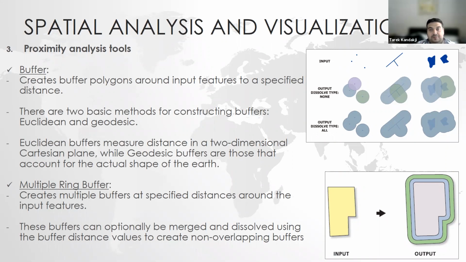But people living 200 miles away from the hospital will have more time to come, and they will be at more risk, and so on. You keep building rings of buffers to assign categories in terms of a certain location. It could be a polygon, a point, or a line, and you assign multiple buffers.